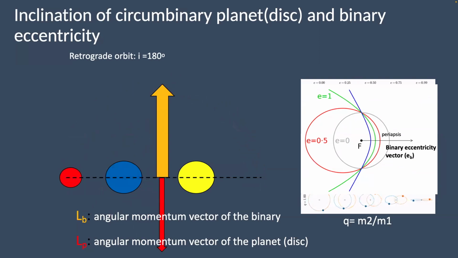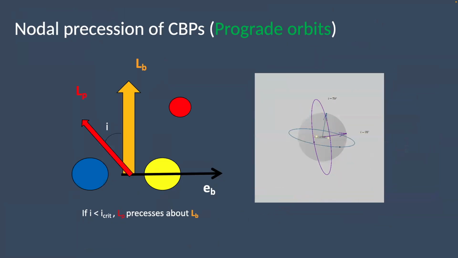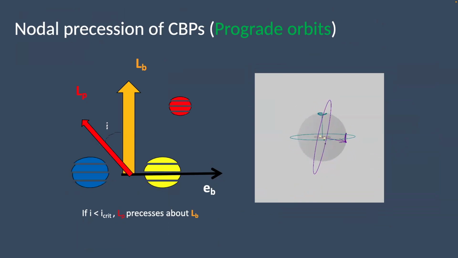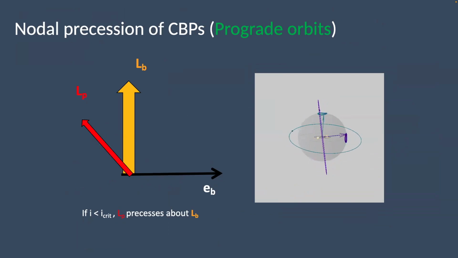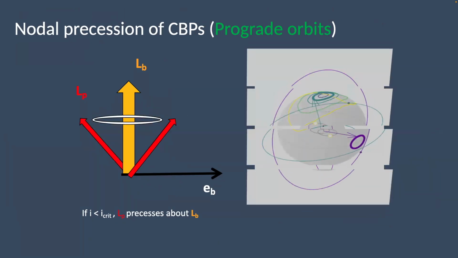Why this is so important is because there is very different orbital dynamics for a misaligned planet. Let me show an example. The first one is called nodal precession. If the planet is misaligned but below the critical inclination, then the angular momentum vector of the planet, L_p, precesses about the angular momentum vector of the binary, L_b.